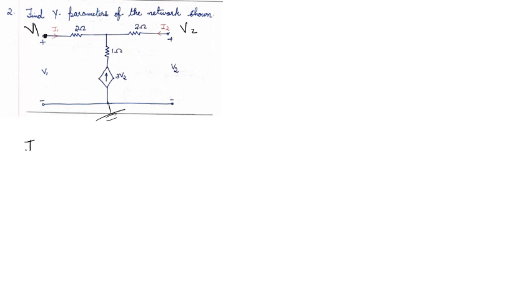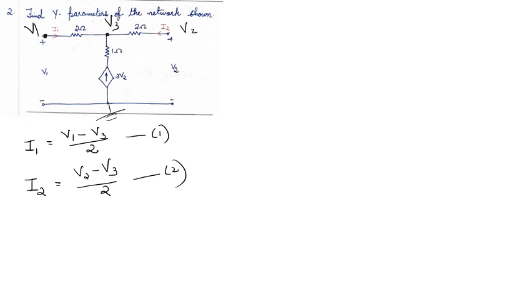So we can write I1 is equal to V1 minus V3 by 2, equation 1. And I2 as V2 minus V3 by 2, equation number 2. Then KCL at node 3.